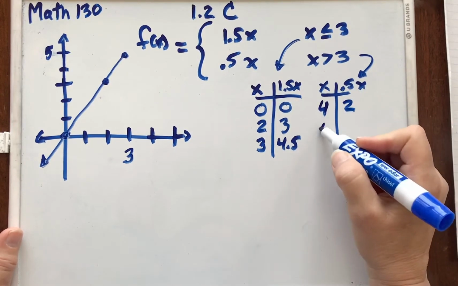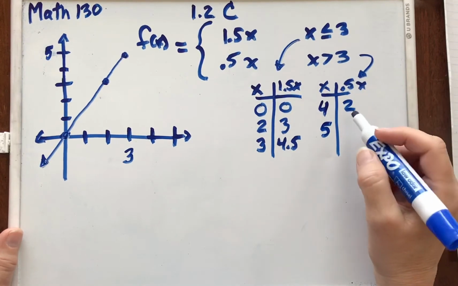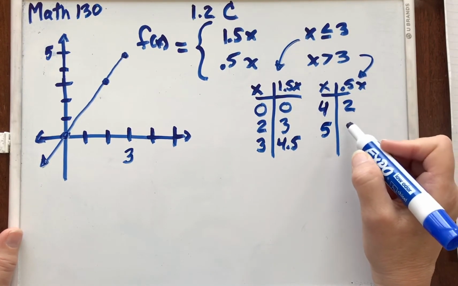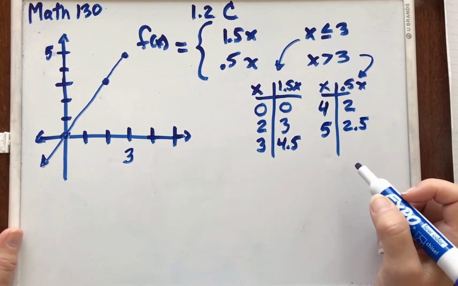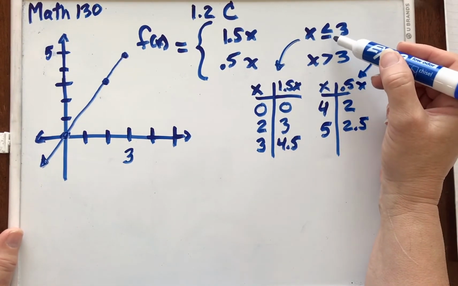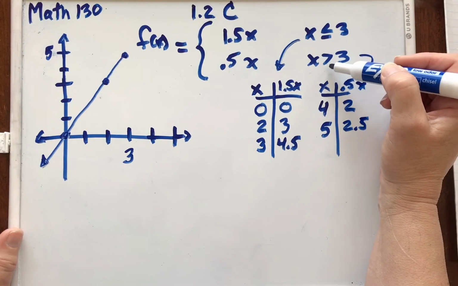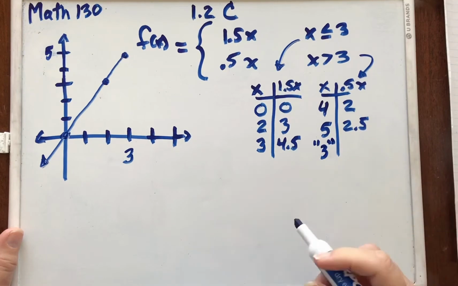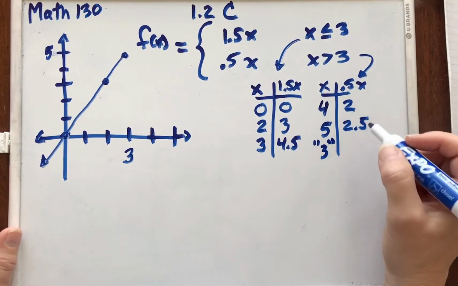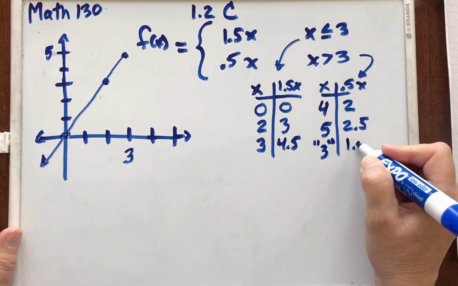Let's choose 5. 5 is greater than 3. A half of 5, 5 halves, which is 2.5. Okay, now we can't have it equal to 3 because it doesn't equal 3 here. But what we do is we just put it in anyway to find out where the open hole goes. So if we were to take a half of 3, we'd have 1.5.